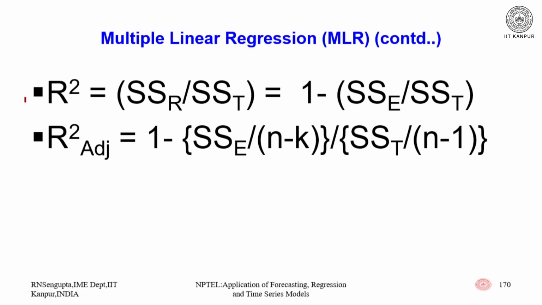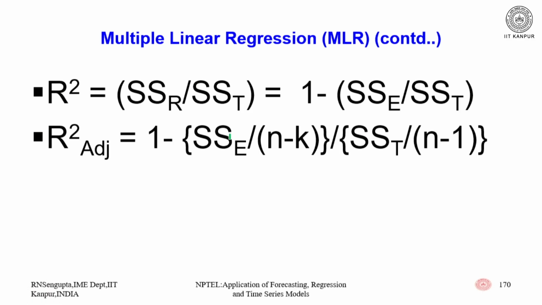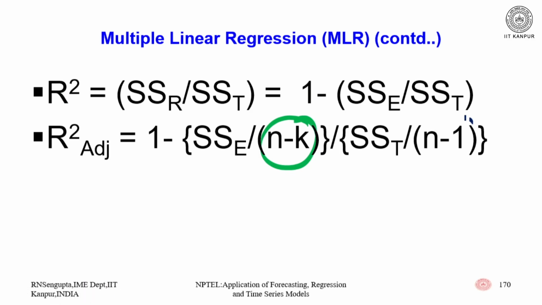And the adjusted R square is, very interestingly, you are now trying to find a certain sort of mean value. And what is the mean value? If you notice here, the error term is divided by n minus k, and the total deviation is divided by n minus 1.